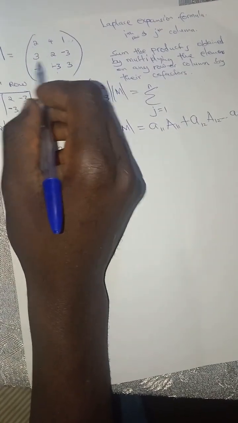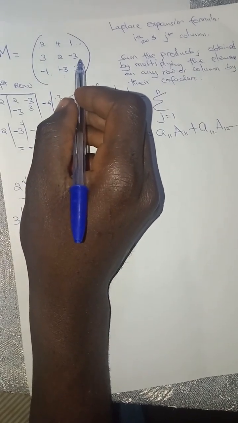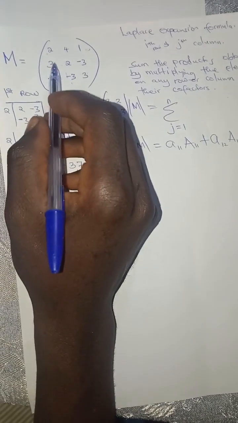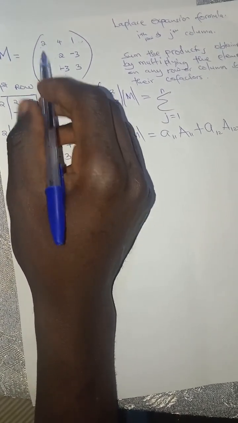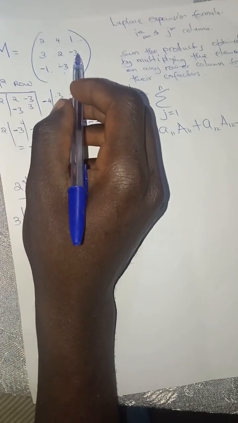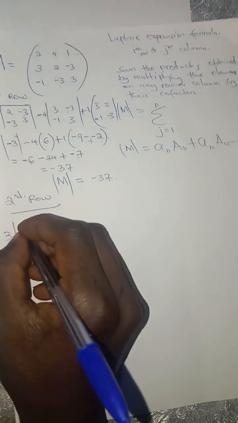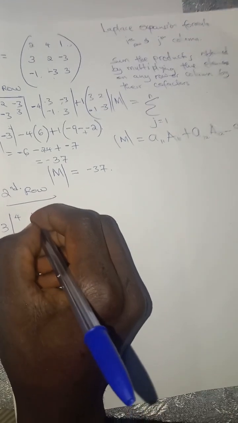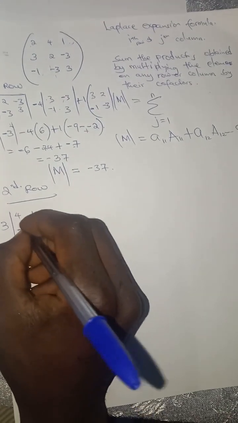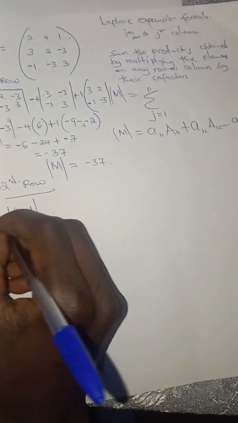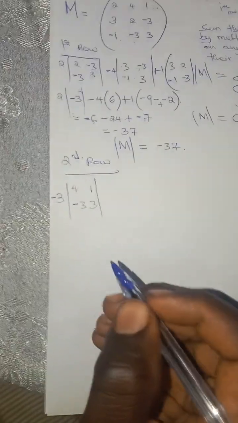This element will be the one in consideration. The elements in the column where 3 is do not appear. Then we'll have 4, 1, negative 3 and 3. This one ought to be a minus. Why?